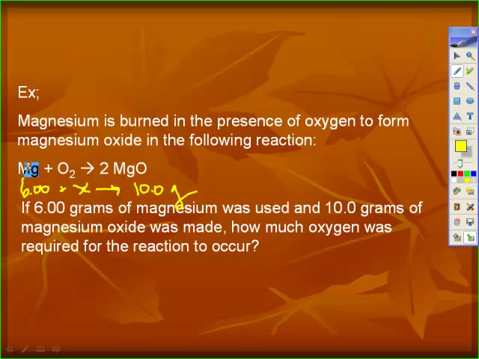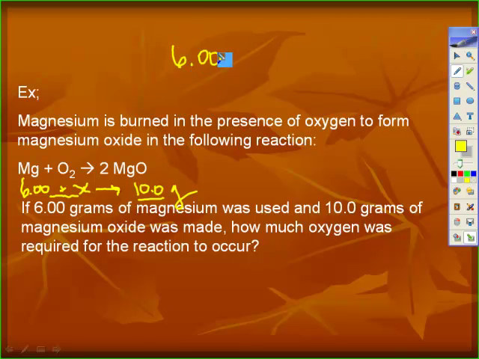So one thing that I wanted to point out with this is that the equation is written a little bit differently this time. We have formulas as opposed to words. And we have this big 2 here and this 2 here. Those numbers don't affect the overall mass. So those have nothing to do with the masses down here. So we can basically ignore them completely. I still need the mass of my reactants to equal the mass of my products.